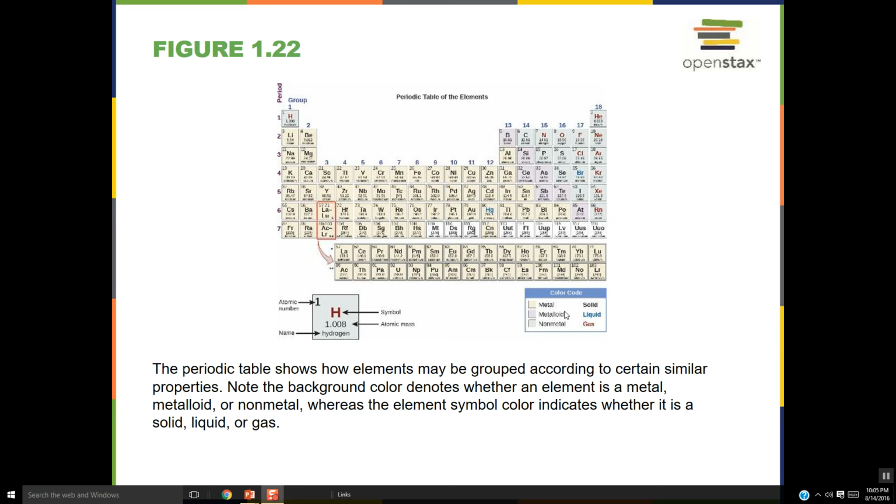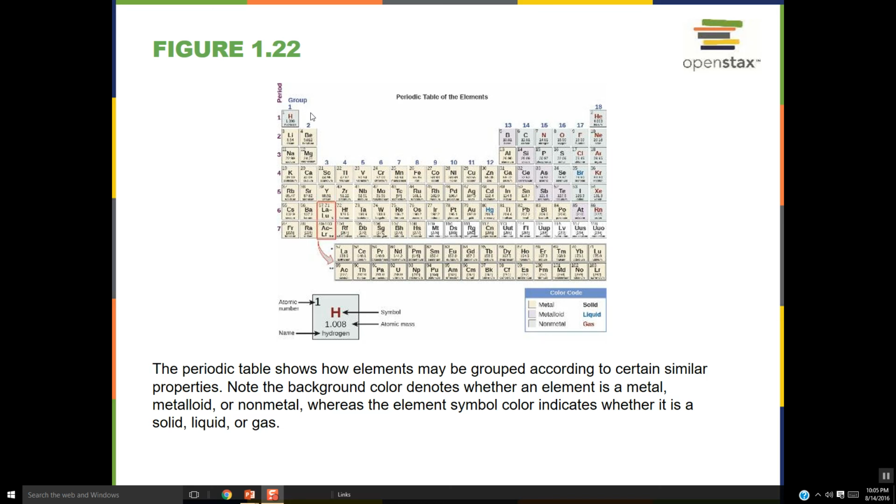And you can see there's going to be all kinds of codes and stuff on the periodic table that you'll learn what they mean and how to work with them and what each column on the periodic table is called and what they mean and what their valence shells look like. So there's going to be lots of stuff to learn with the periodic table as we go through this course. And always remember hydrogen, even though it's placed over here in this very first column, notice that it's green.